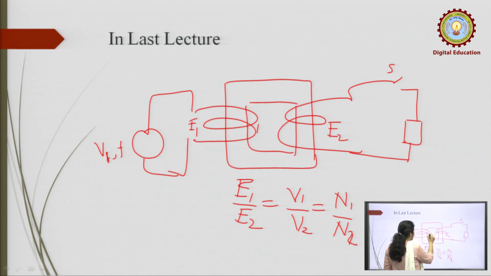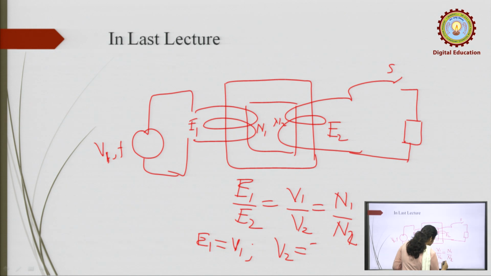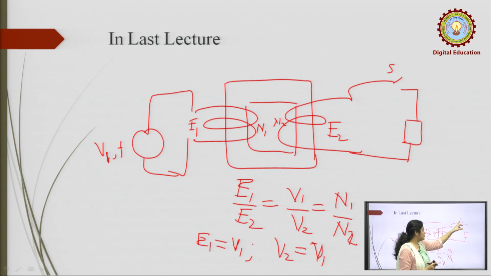In the ideal case, E1 is equal to V1, and V2 is equal to E2.